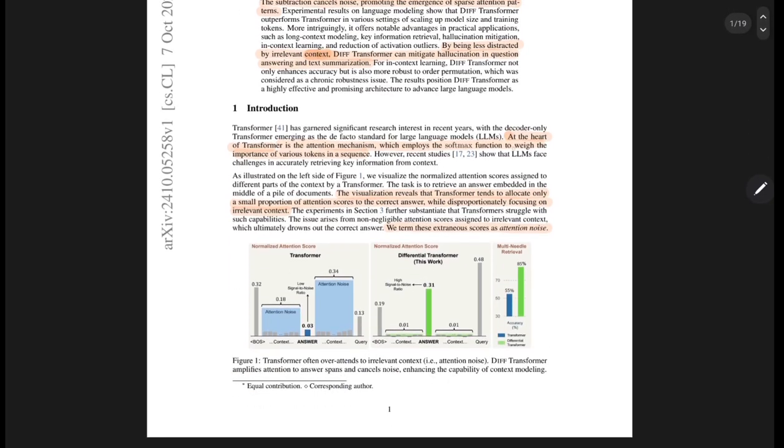Now, what are they saying? At present, the decoder-only transformer is emerging as the de facto standard for LLMs. At the heart of the transformer is the attention mechanism, which employs the softmax function to weight the importance of various tokens in a sequence. We already know, as yesterday we were talking about how attention and everything works. And for this case, I'll again write the formula to make sure that you guys remember it.